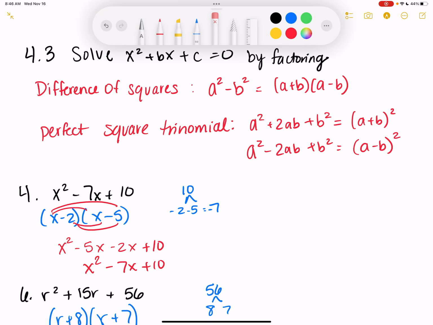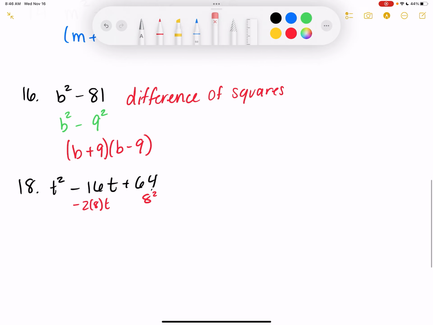And the sign in the middle is reliant on whatever the middle term sign was when you started. So this one is a negative sign. So when I write my factor, it's going to have a minus sign in it. So t minus 8, and it's the whole thing squared.